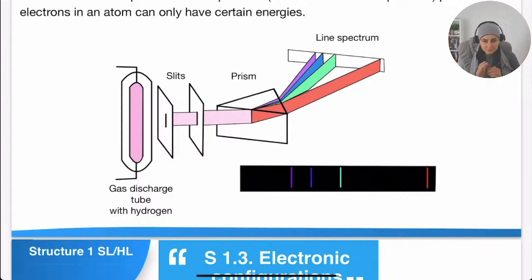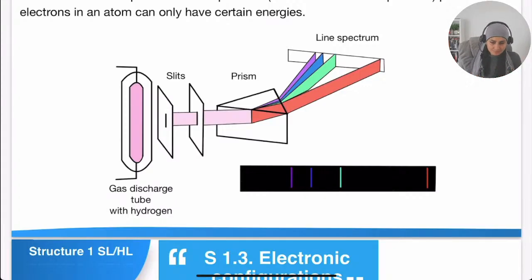Now, if you collect that light and pass it through the prism, so the prism is just a magic device that splits light that you're passing through it into a spectrum. So if you pass, for example, white light through a prism, you would get a rainbow because white light consists of all the wavelengths, like visible wavelengths, right?